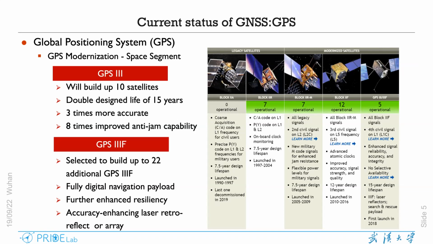The next generation GPS satellites will be GPS Block 3F, and there are going to be 22 additional GPS 3F satellites in addition to the 10 previous ones, and this can form a 32 satellite constellation to have a beautiful global coverage to monitor the crust motions.